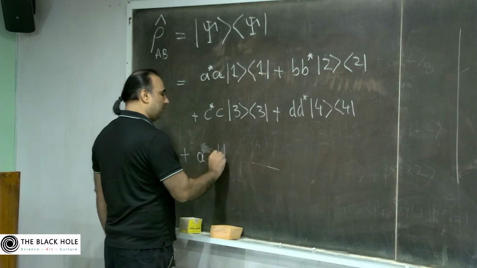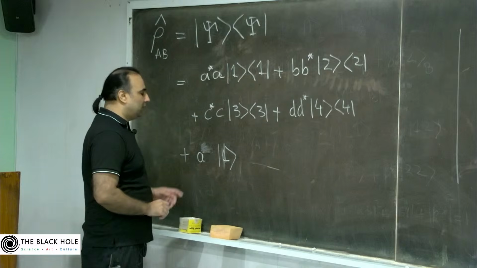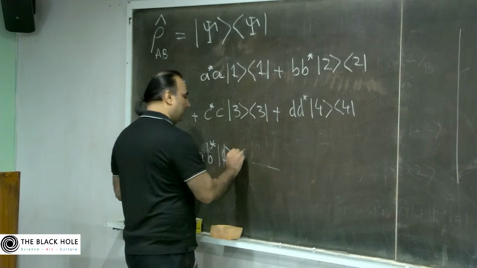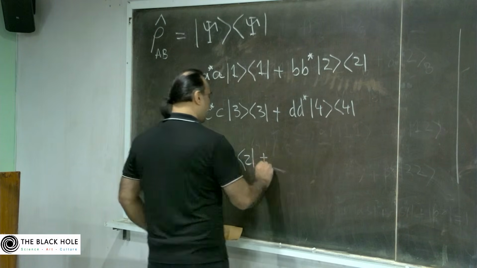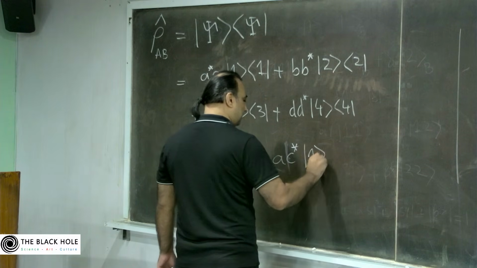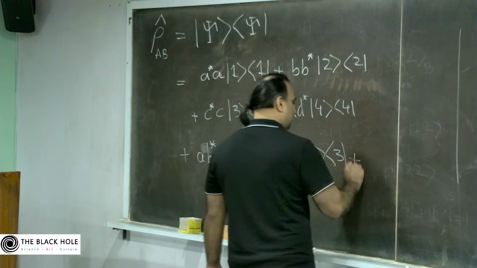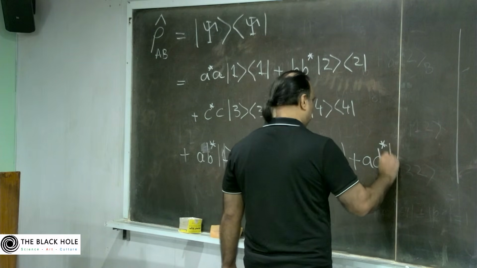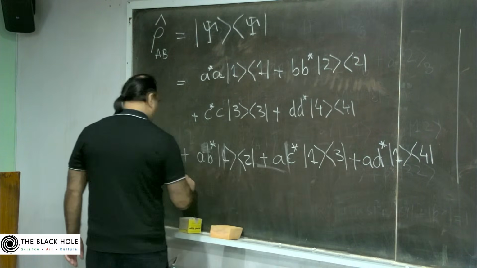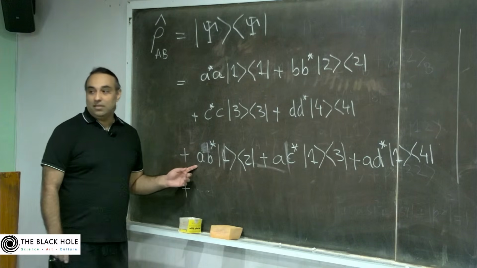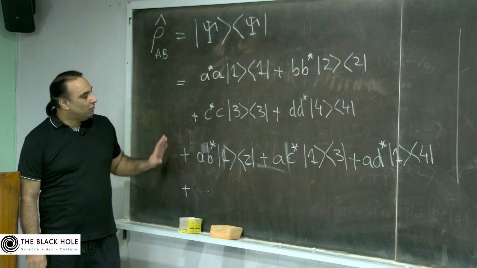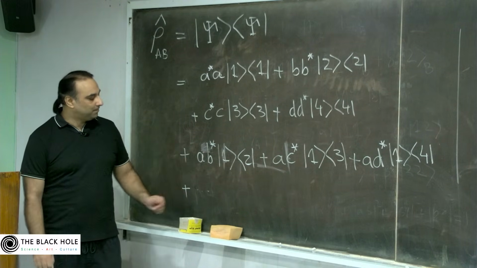So with A 1, we can have now B, C or D. And so on. With B, we will have A, C, D and so on. So we'll have 16 terms in total.